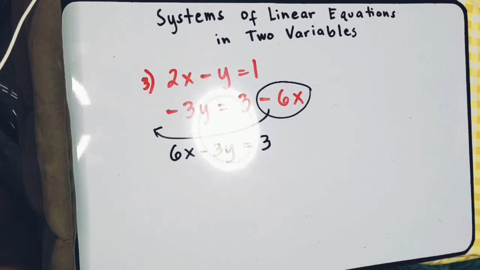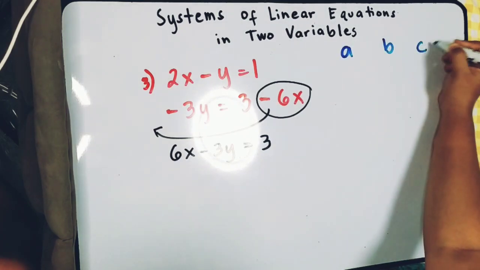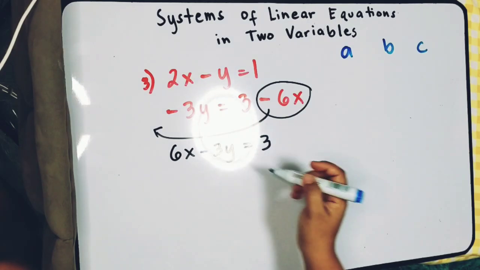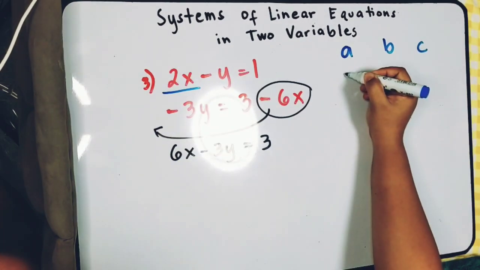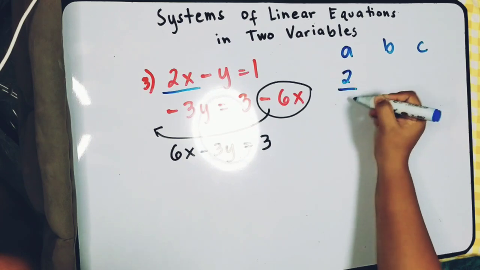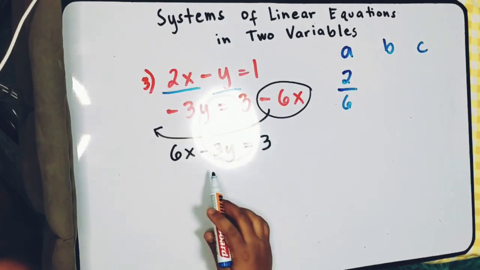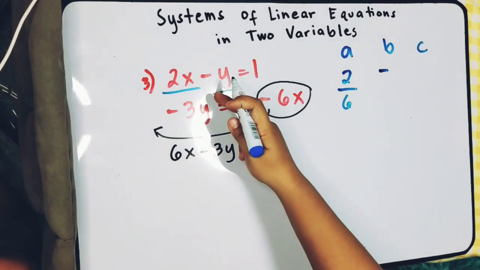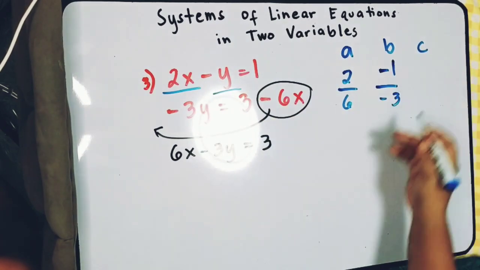So, now, since the two equations are already in standard form, let us now identify the ratios of A, B, and C. Ang kukunin natin na ratio ay yung naka-standard form. Okay? So, si A, you have 2 over 6. Si B, you have negative y over negative 3. Negative y, so that is negative 1 over negative 3.